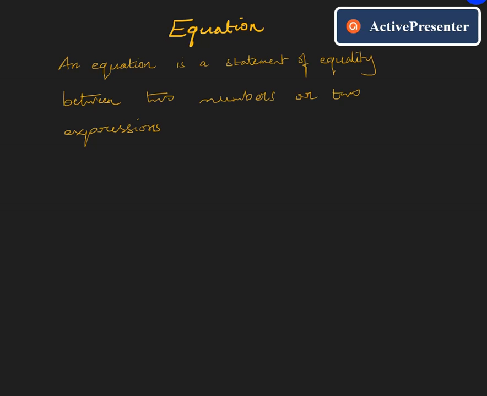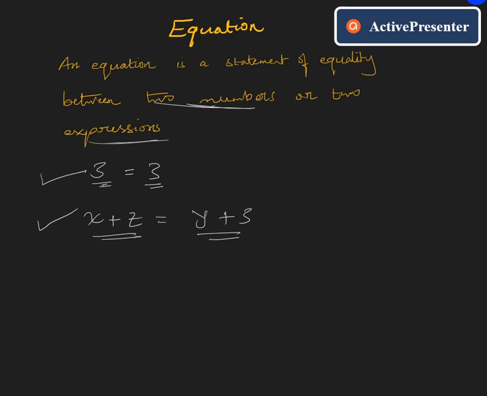For example, between two numbers, if we say 3 equals 3, and between two expressions, if we say x plus z equals y plus 3, this expression equals this expression. This number 3 is equal to this number 3. So this is an equation and this is an equation.